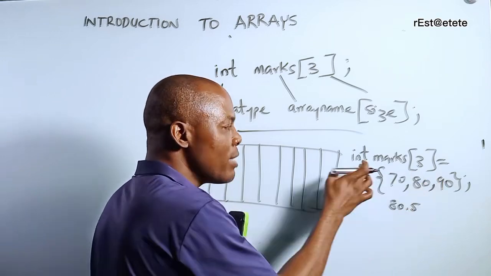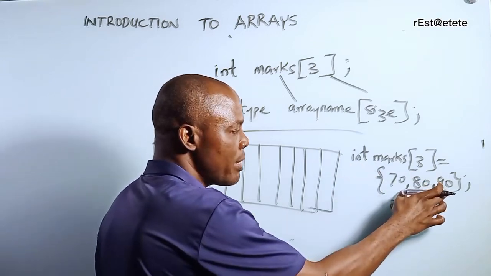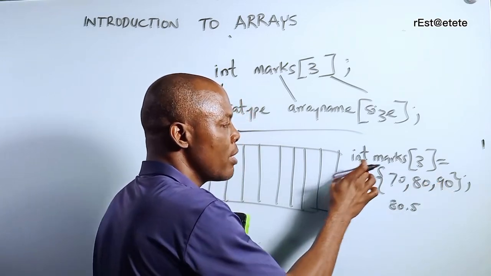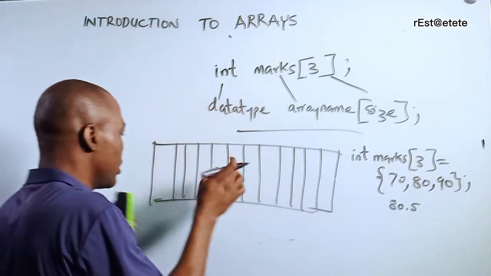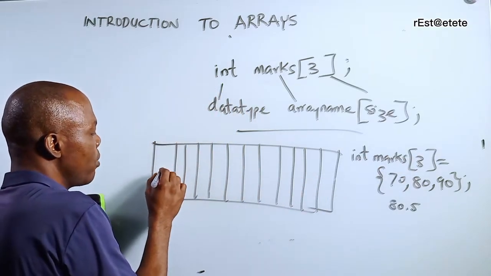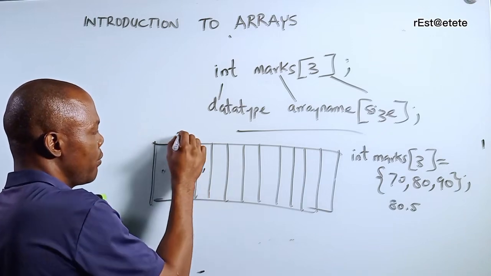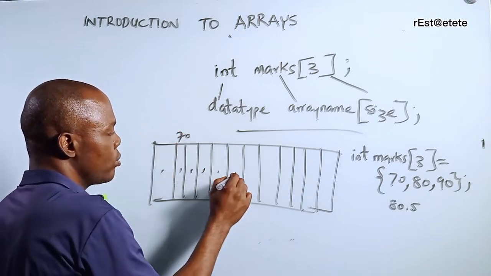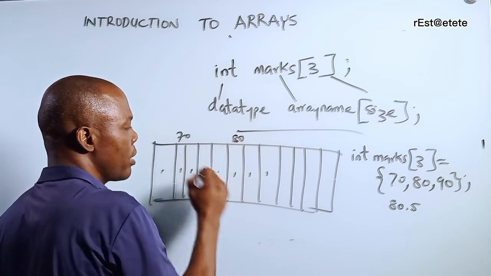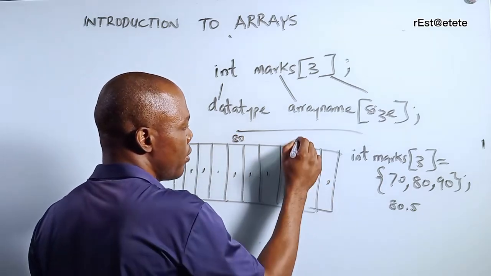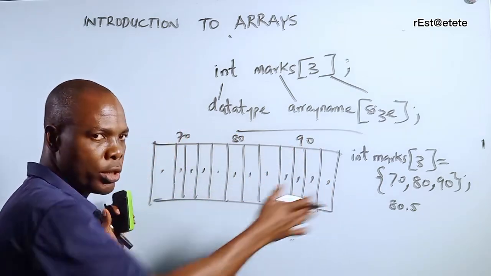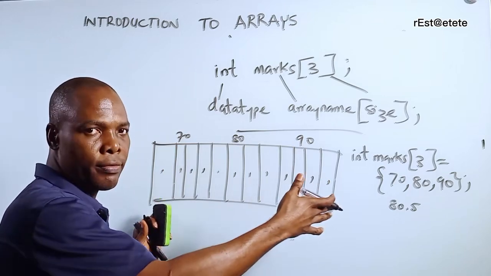So they have to be the same data type. The system will give me 1, 2, 3, 4 for the first one, 1, 2, 3, 4 for the second one, 1, 2, 3, 4 for the third one. So this is contiguous. That is consecutive.